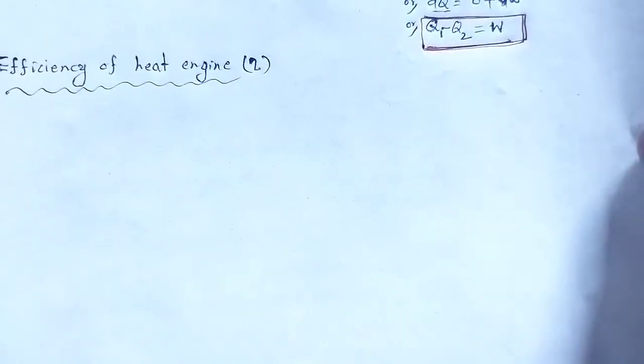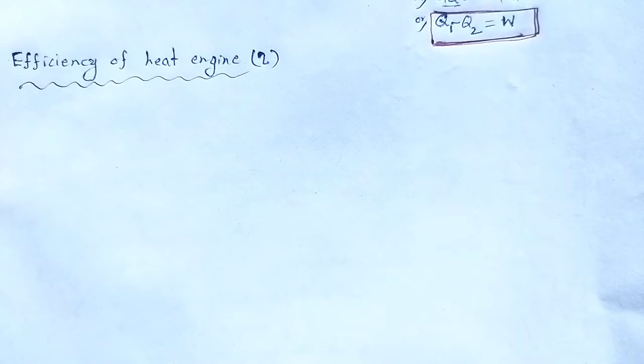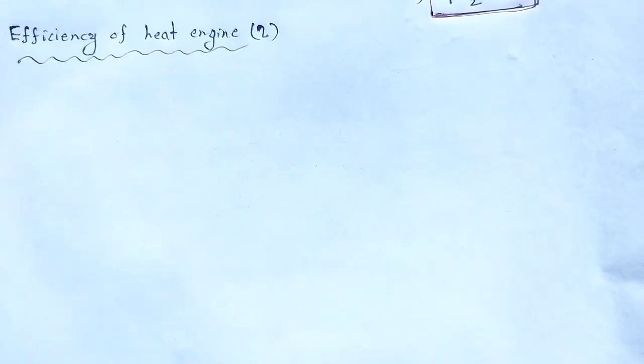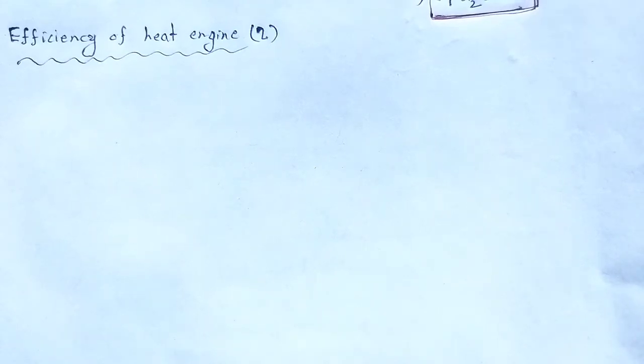Any kind of efficiency means how much work is done by a device for some amount of input. The ratio of output to input is the efficiency.